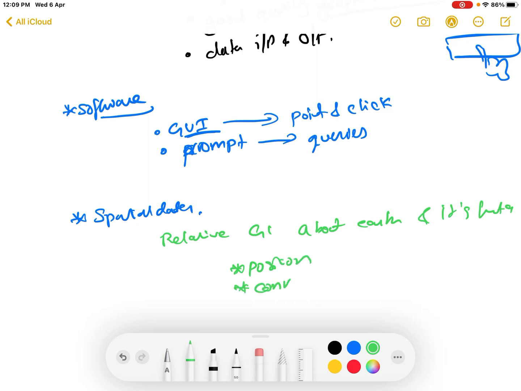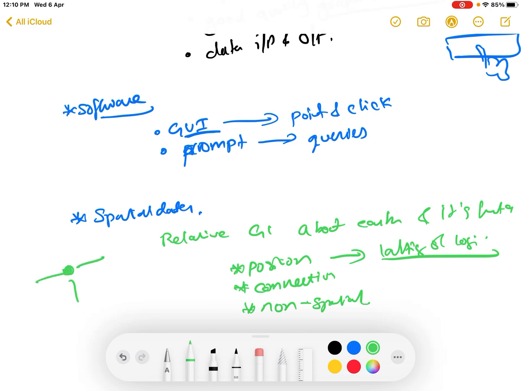Geographical spatial data consists of the position, the connections, and non-spatial entities. The position can be given in latitudes and longitudes, which we use for geographical referencing. That is, to find the location of a particular thing, we use latitudes and longitudes.